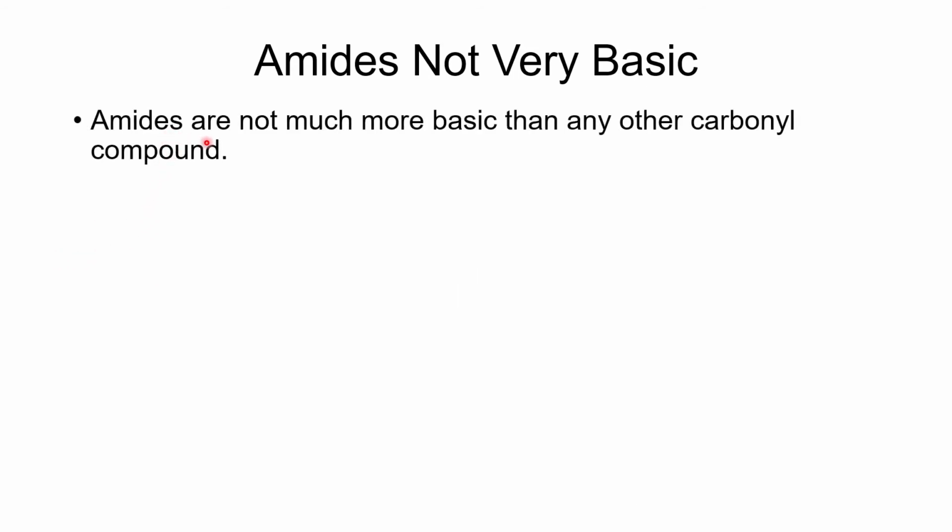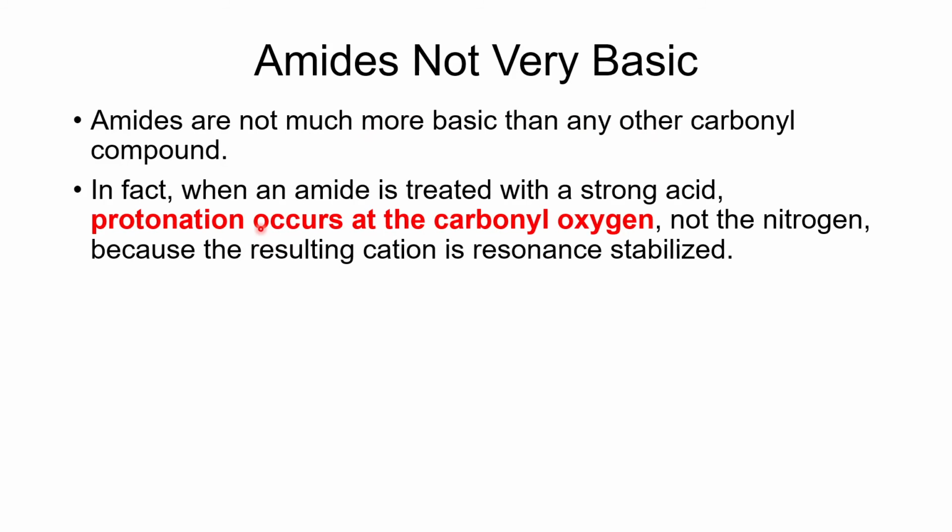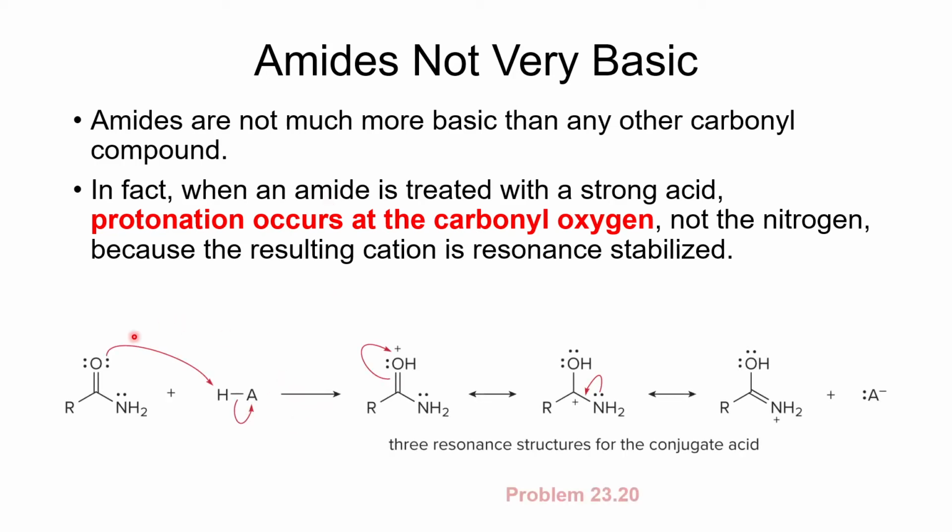We're going to find that amides really aren't any more basic than other carbonyl compounds, or at least not much more basic. And so if we protonate an amide, it actually protonates on the oxygen, not on the nitrogen. The reason for this can be explained by looking at the possible resonance structures. If we protonate on the oxygen, we can draw 3 total resonance structures for that conjugate acid of our amide.